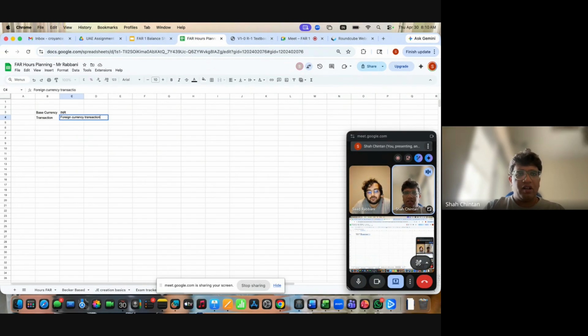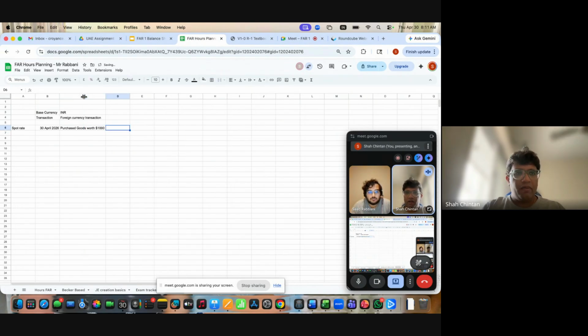Now this creates a lot of complications in the accounting. You can have various rates. Let's say you have a spot rate. So spot rate is the rate when you do the transaction. Let's suppose today is the 30th April 2026. I have done a transaction. Let's say I have purchased goods worth, let's say, $1,000, and my spot rate for USD to INR was, let's say, 100 rupees.